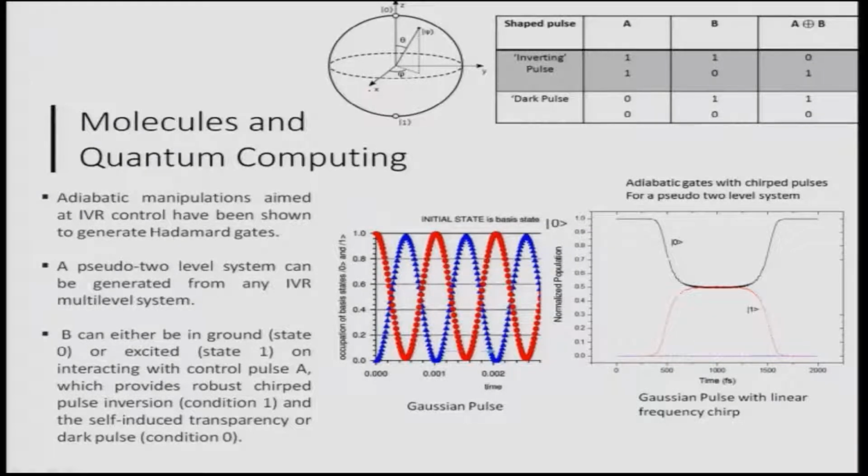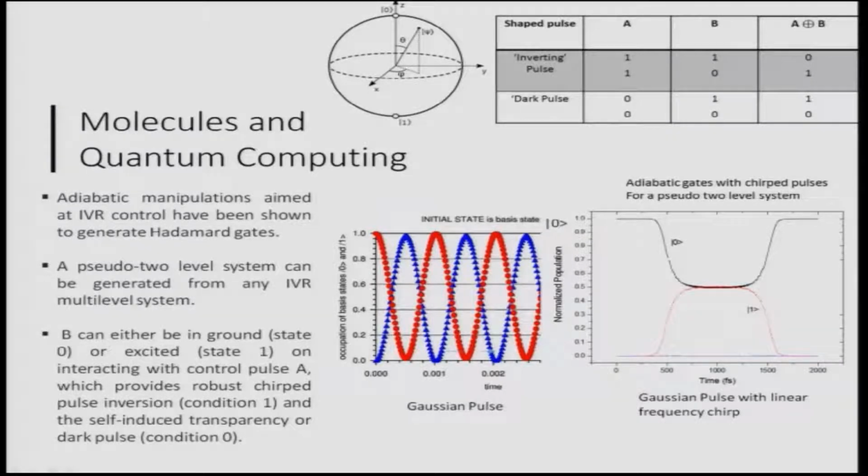So, in terms of molecules and quantum computing, adiabatic manipulations are aimed at IVR control, which have been shown to generate Hadamard gates, which is how it has been shown here in this case, where the two level system interaction is going to have them become equally probable and they can be put to work together.